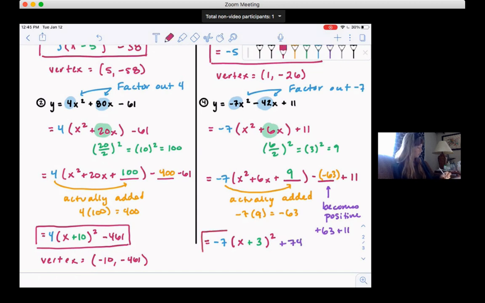And there is our vertex form. So we're done. And if we want, we can quickly identify our vertex. The x-coordinate, we flip the sign and get -3. For the y-coordinate, we don't flip the sign and we keep it positive 74. All right, that's it for lesson 2.4.